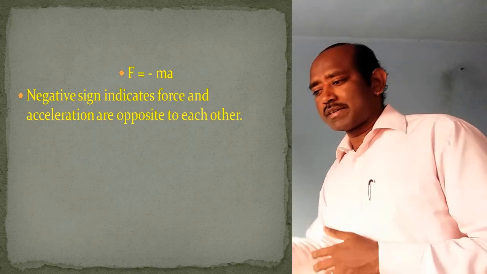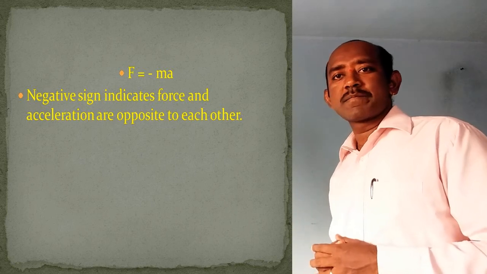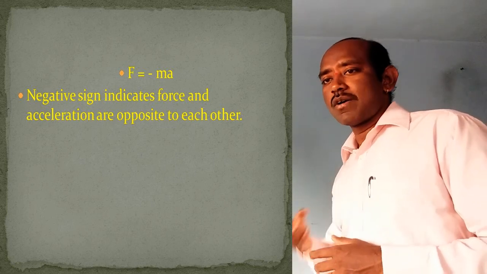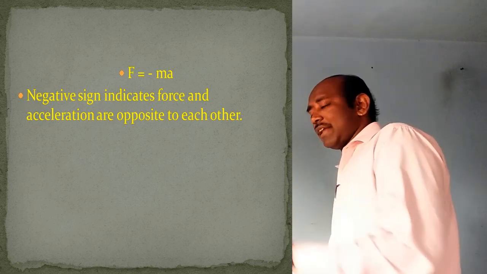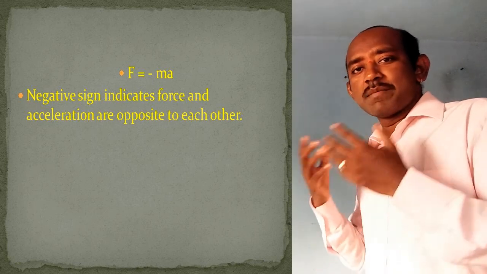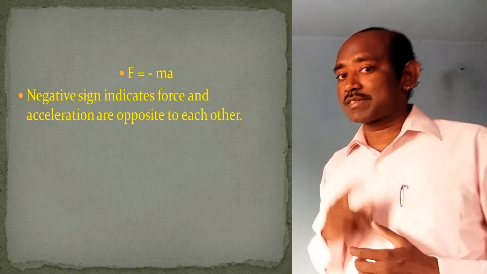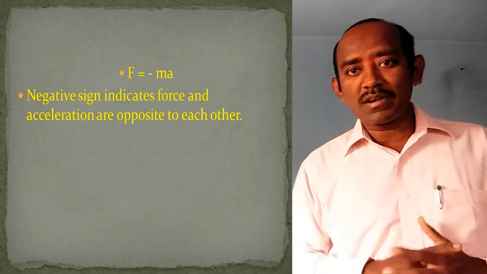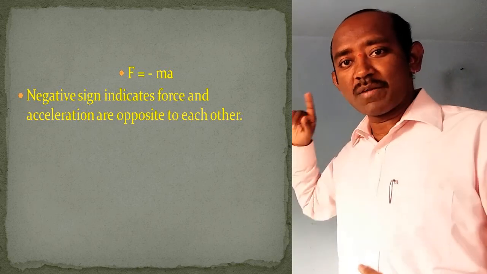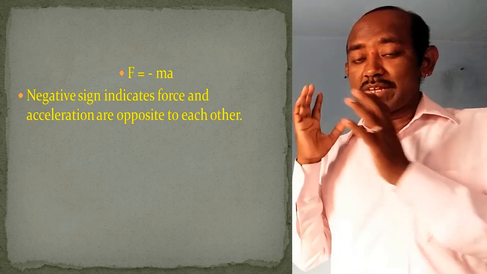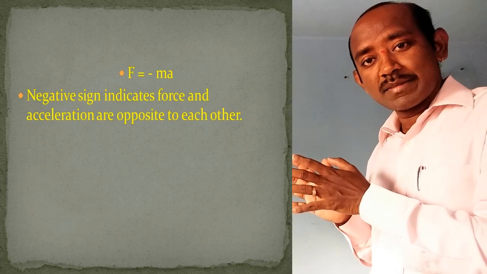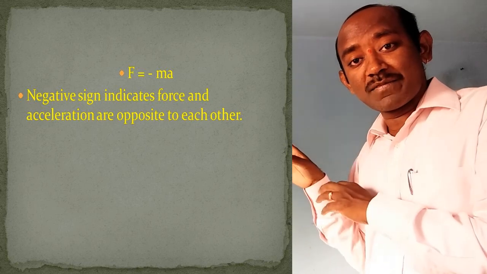While taking a turn in a vehicle, or a sudden start or stop of a car or any vehicle, we can observe the acceleration. In such cases, Newton's laws of motion, that is F is equal to ma, are not applicable. A pseudo force exists, which does not exist itself.